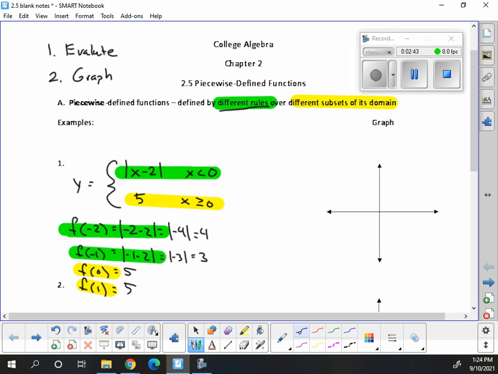And when I come over here, what I have to realize is that whatever this number right here divides the graph. So where is x equal to 0? That's right in here. So when x is greater than or equal to 0, 1, 2, 3, 4, 5, the y value is going to be 5.